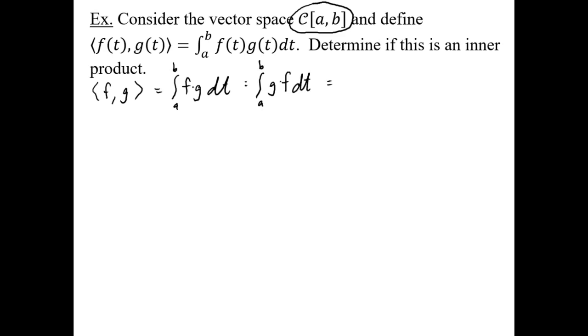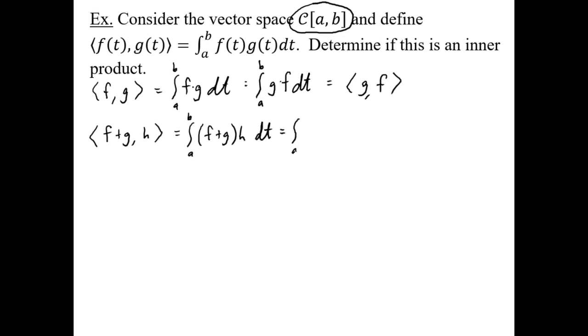And then this gives us the inner product of g and f. So the first property has been satisfied. The second property deals with what if we're doing the inner product of f plus g with h. So the integral from a to b of f plus g times h.